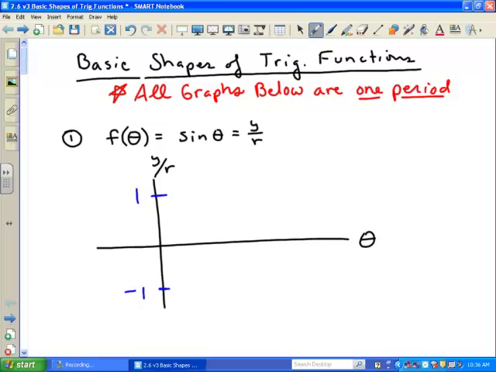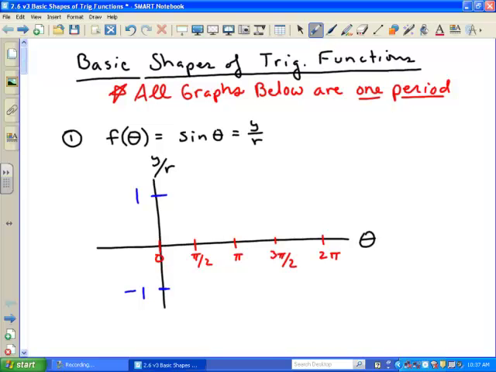These quarter points are 0, pi over 2, pi, 3 pi over 2, and 2 pi. This should make sense because on the axes that we normally draw triangles for sine, you start at the angle measure 0 and you go all the way to the angle measure 2 pi.